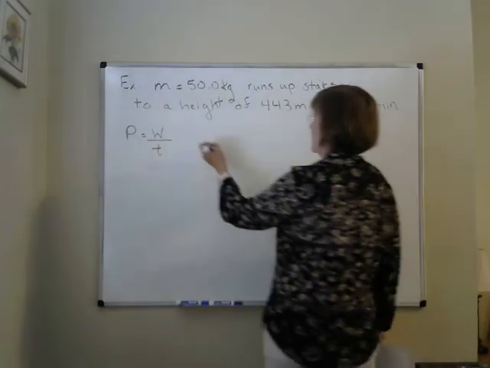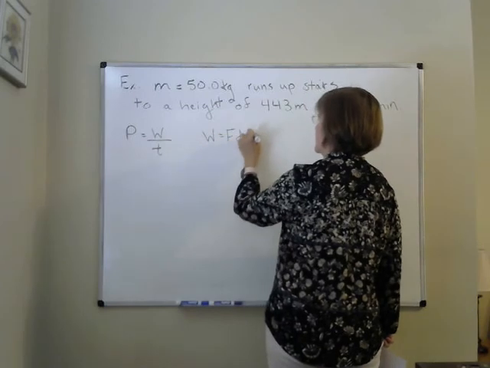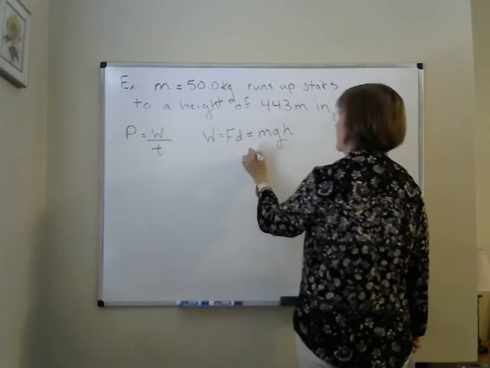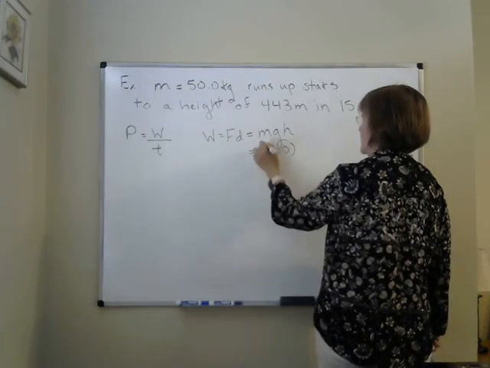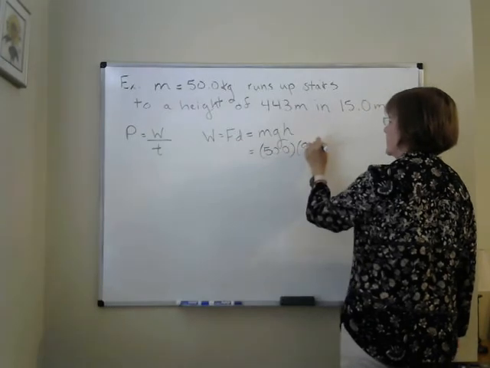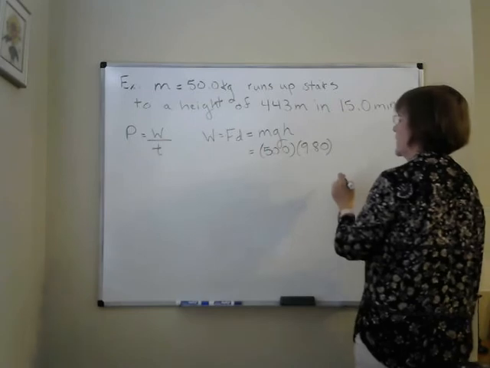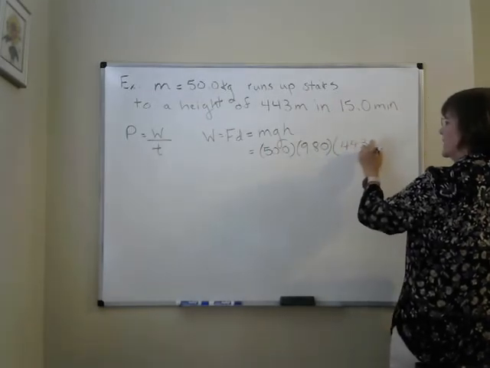So the work done, force times distance, is just mgh. 50 kilograms times 9.8. Remember, the force needed to lift a mass, even yourself, is just your weight, times a height of 443 meters.